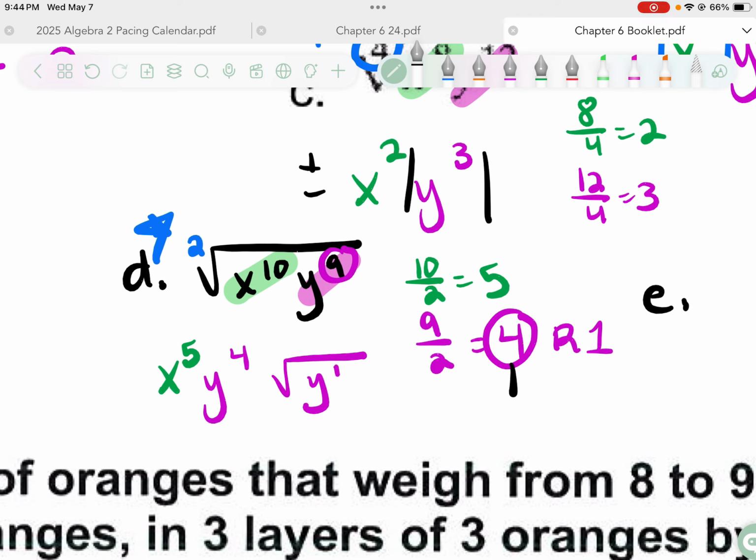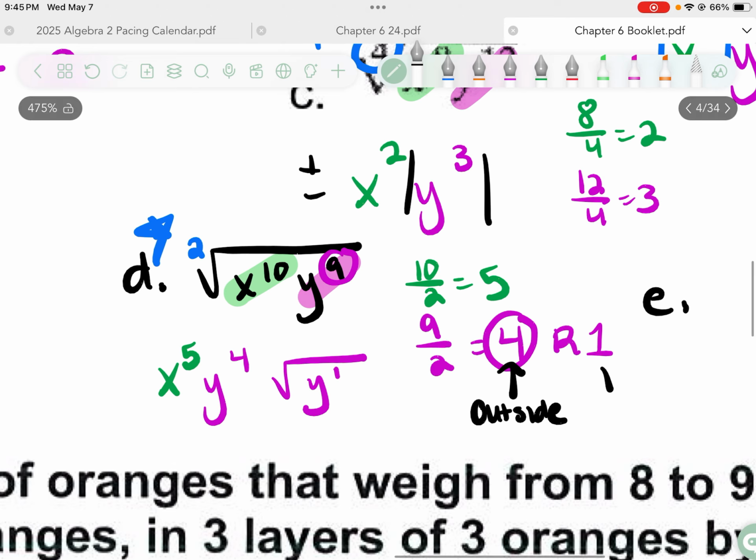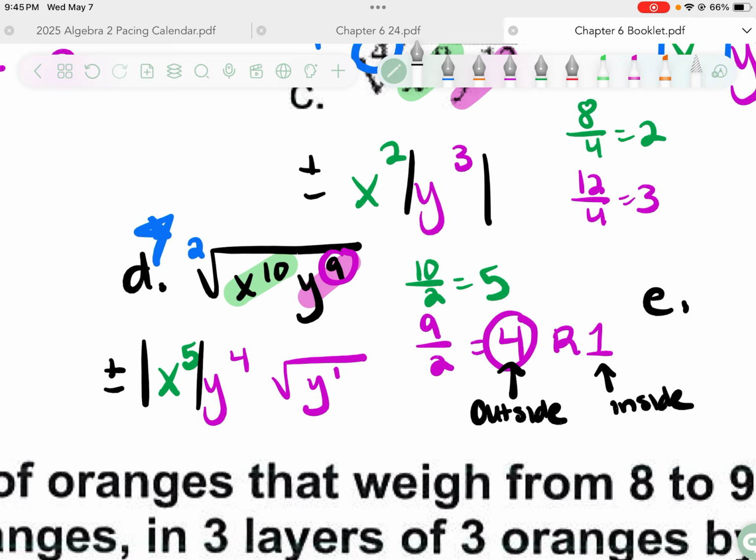Okay, so again, however many times 2 went into 9, that was 4 whole times. This is what went on the outside with the y. The remainder is what stays inside the radical. Now it's an even index, so we have to put our plus minus absolute values around the x to the 5th. You don't need absolute values inside a radical symbol.